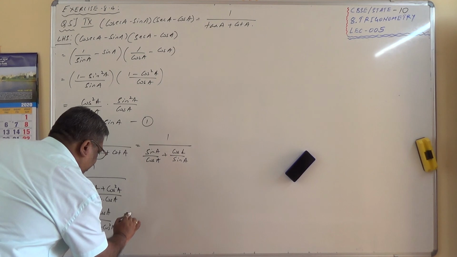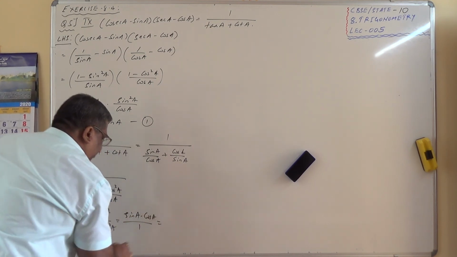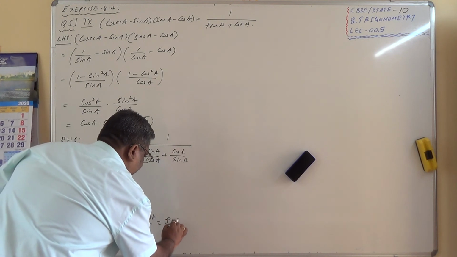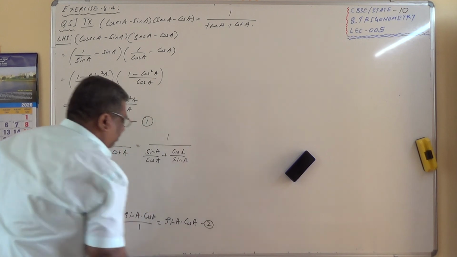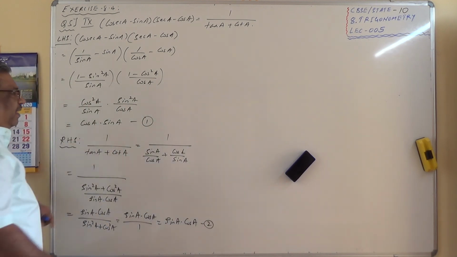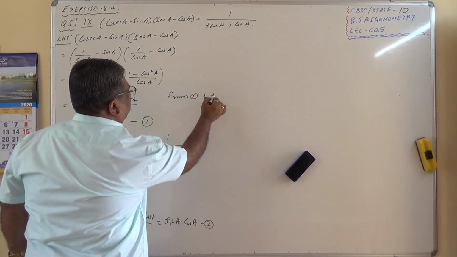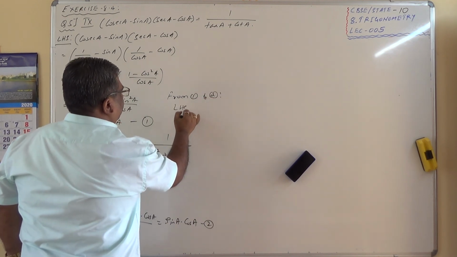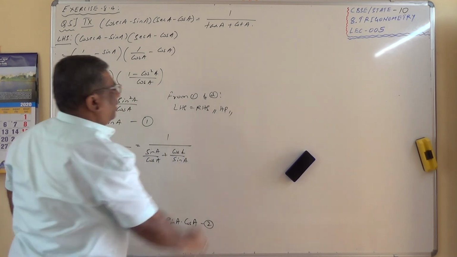Therefore, this is sin A into cos A divided by 1, which is sin A into cos of A. Mark it 2. So from 1 and 2, LHS equals RHS. Hence, proved. Make a note of this.